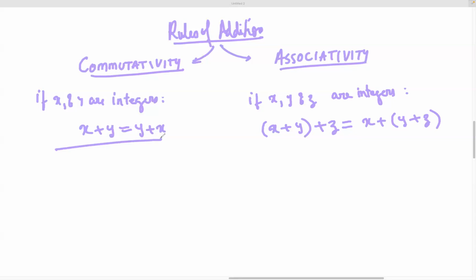So these are the two main relations, and we'll try and see combinations of these now in some of the examples.